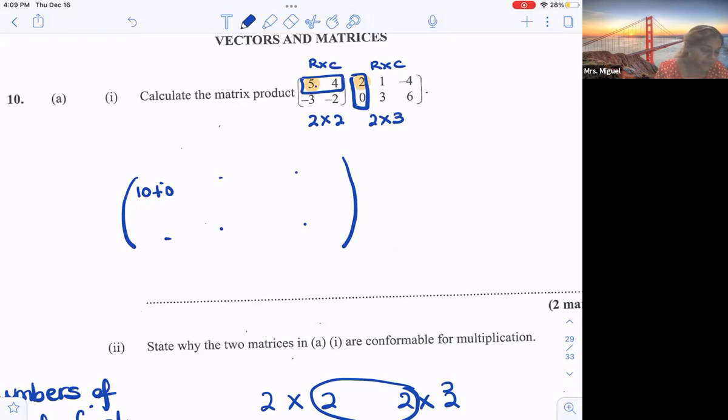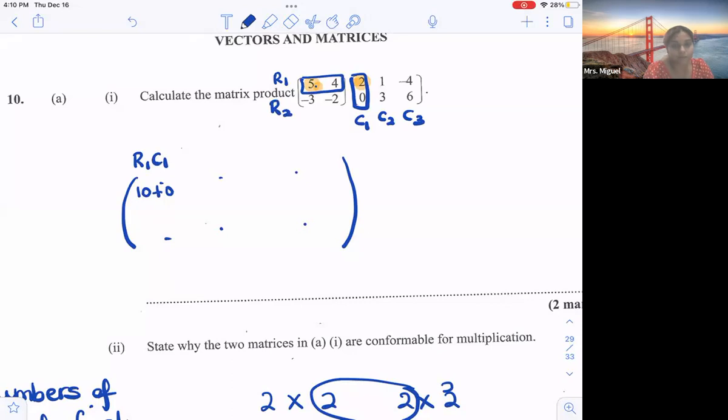So that is first row, first column. So this is row 1 by column 1, column 2, column 3. So this is row 1, column 1.